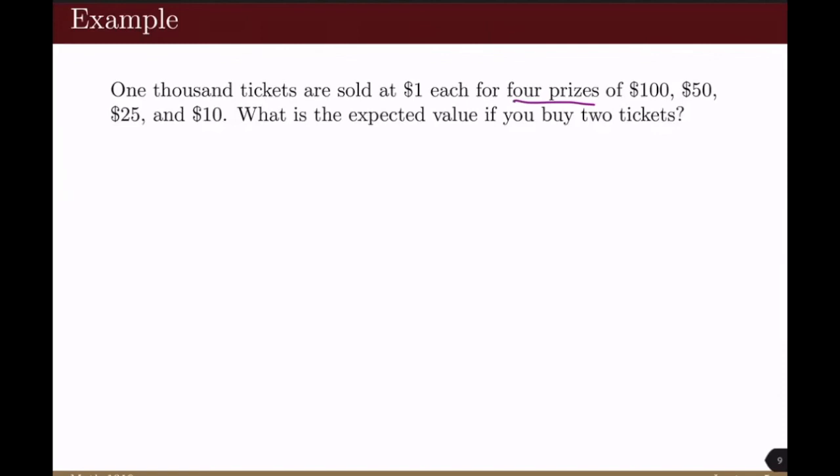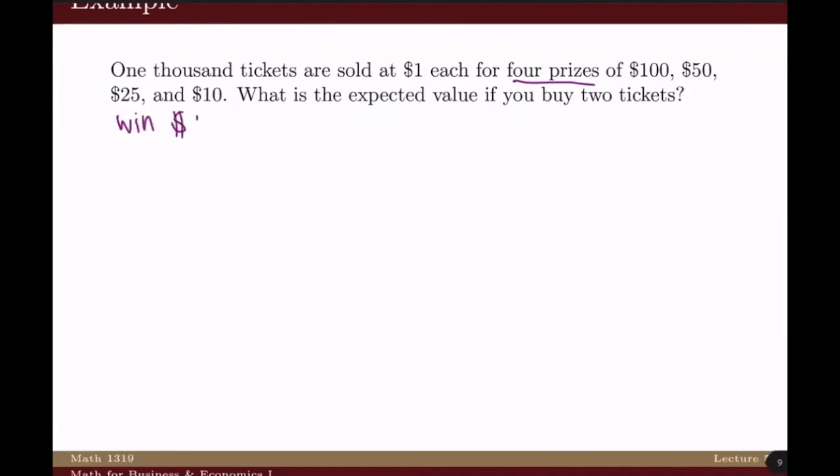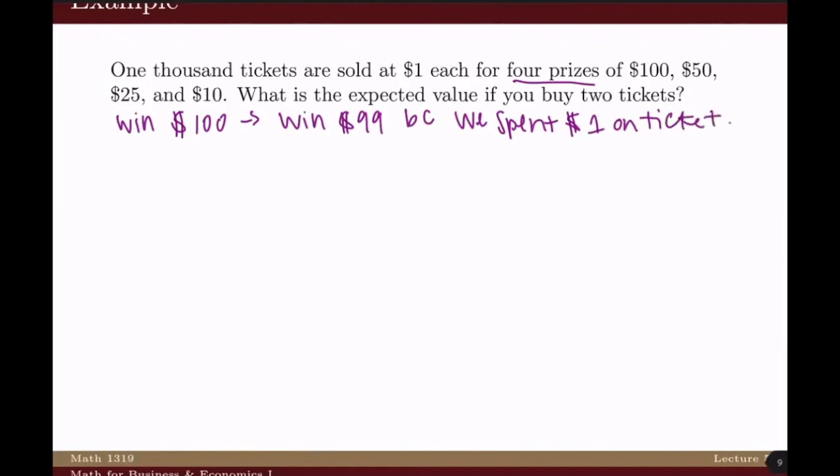So if we win a $100 ticket, we actually only win 99 because we spent $1 on the ticket. And that's going to go the same for all the different values.